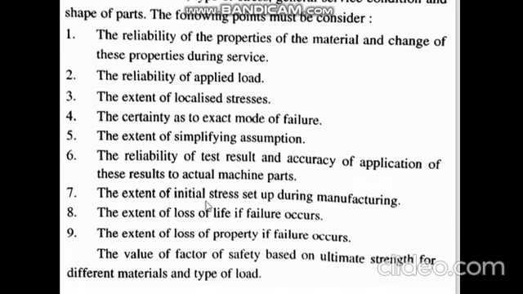That means if a machine component fails, how many people are going to die? Suppose you are going on a cycle or motorcycle, something happens and it doesn't go forward. Will there be so much loss of life? And suppose in an aeroplane you are going and suddenly the engine stops.